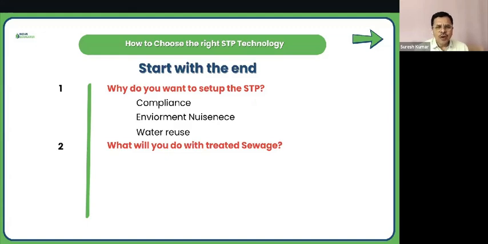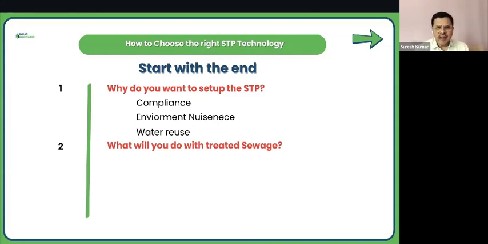It's only that you want to avoid flies and mosquitoes to come close to you and make STP treated water a home. You'll want to avoid the smell. So you set up a STP for that reason. Okay. The third is there is acute shortage of water like Bangalore, where you have to use treated water. By using treated water, you can cut down fresh water consumption. In such case, you have to set up an STP.